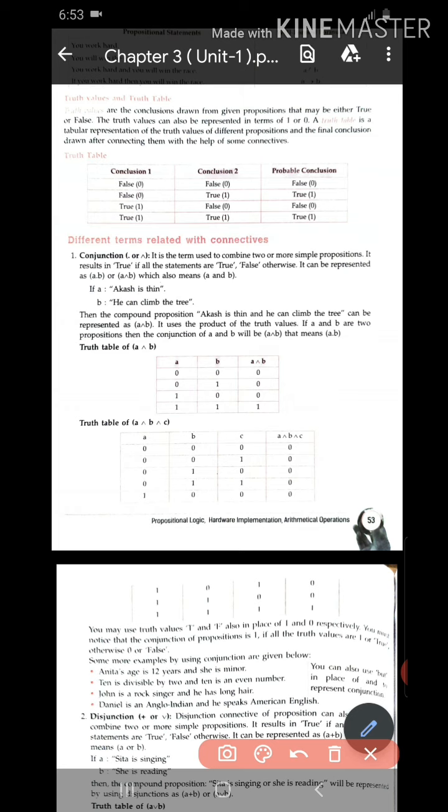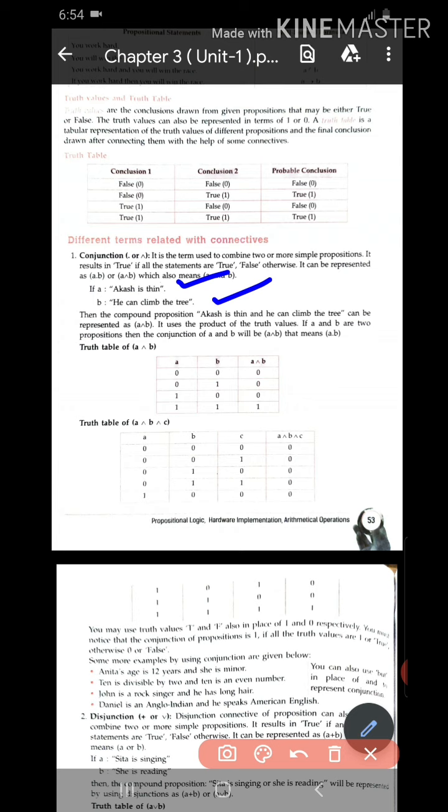These are, right now, the propositional variables we are using. When we combine two sentences together and write it with the help of a connective, then it is a compound proposition.